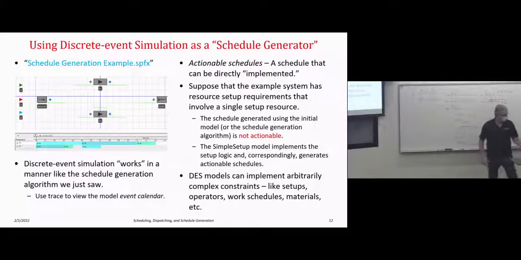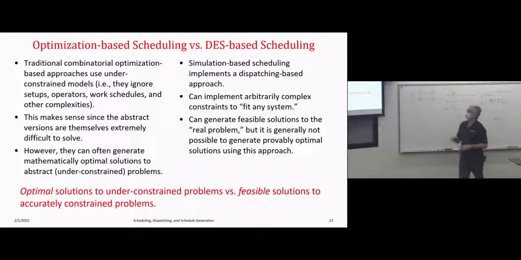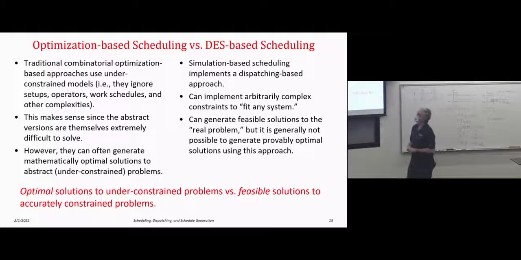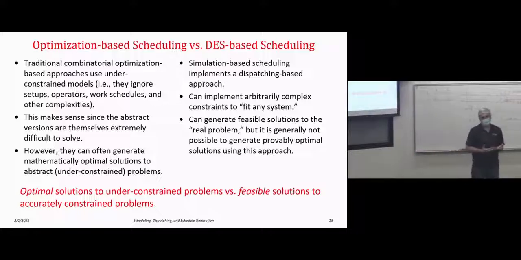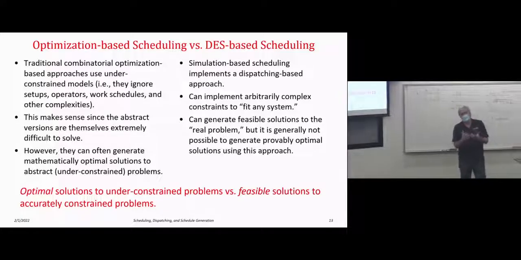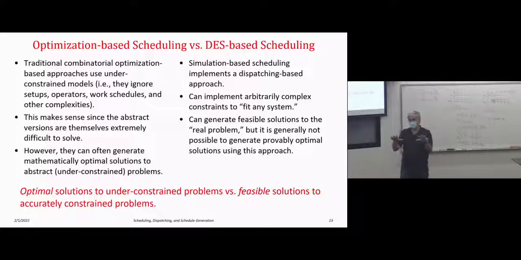Okay, so in general, if you compare optimization-based approaches on the left, combinatorial optimization-based approaches are usually under-constrained. I usually ignore things like setups, or I abstract setups away by saying they don't require a second operator, so I'm just going to lengthen the processing times or things like that. So you typically take a complex problem and make some assumptions so that you can solve it.